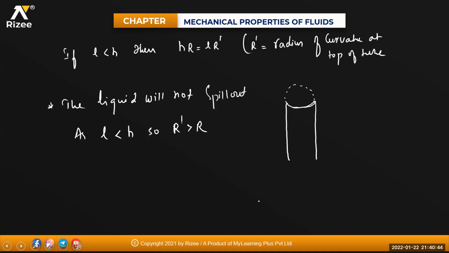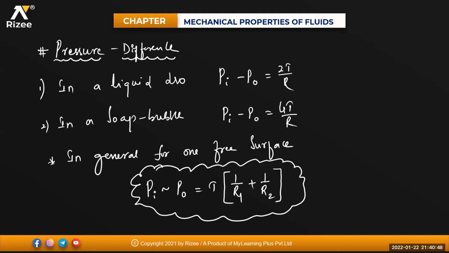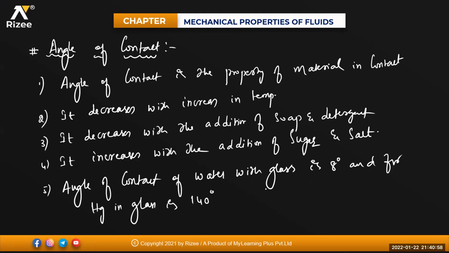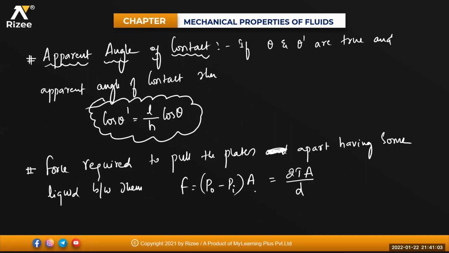P naught minus Pi means, I got here, P naught minus Pi equals T into 1 by R1 minus 1 by R2. If the radius of curvature on both sides is the same, that will become T into 2 by R. That is the reason I'm writing 2T by d times A. Small d is the separation between the plates, beta.